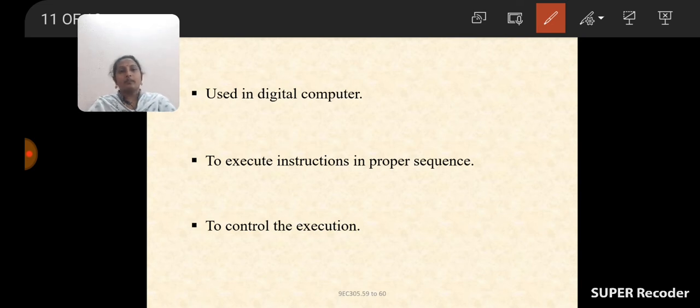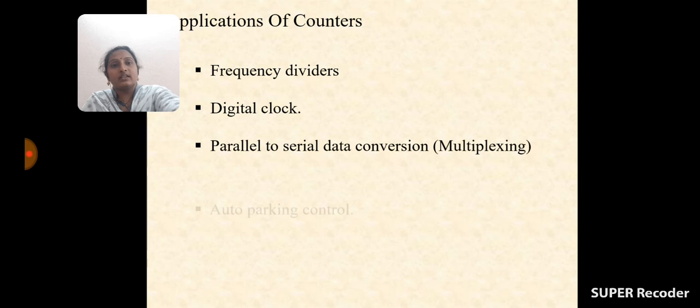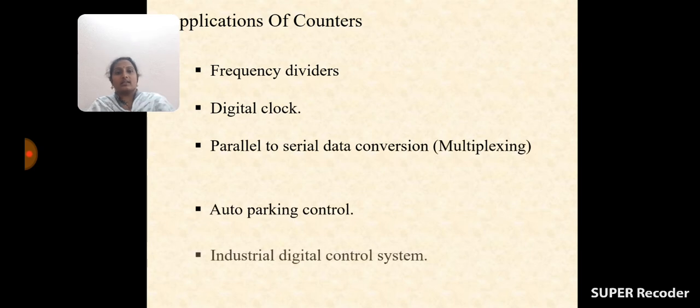These ring counters are especially used in digital computers, and are also used in computers to execute the instructions in proper sequence, and to control the execution. More applications are there.